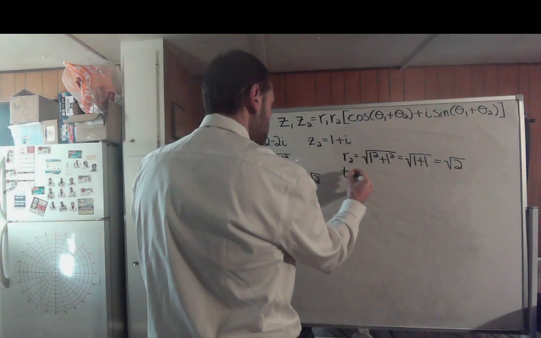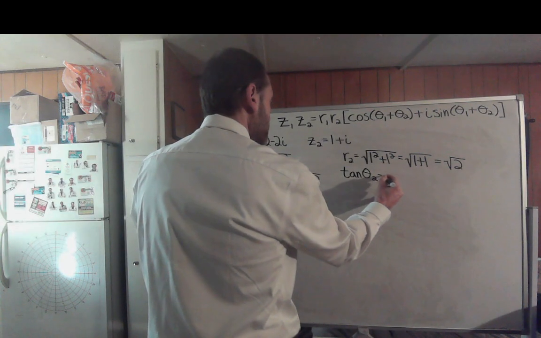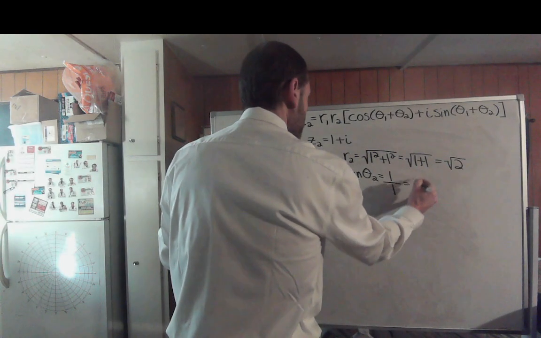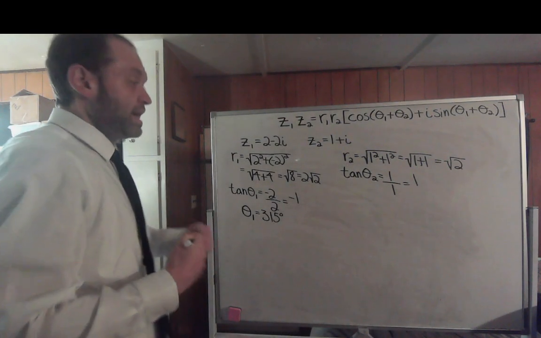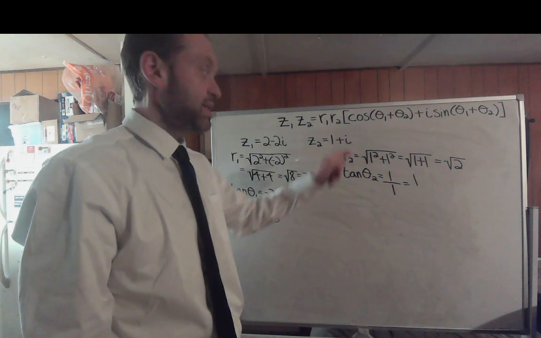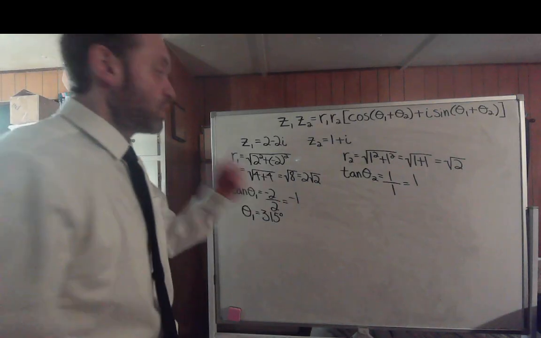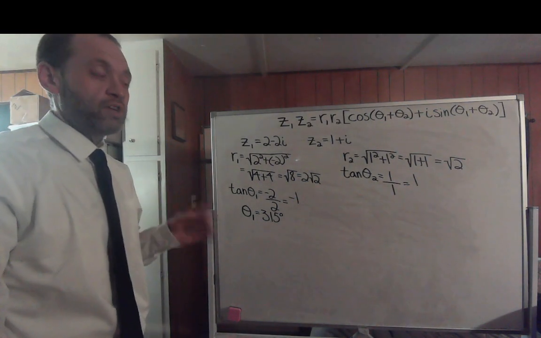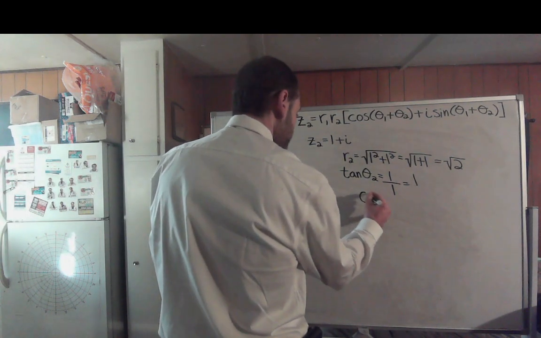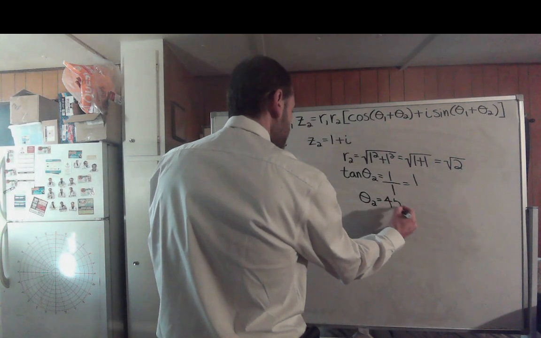That's going to be the tangent of theta sub 2 equals b over a, so that would be 1 over 1, or simply 1. And if you look at your complex number, both your a and your b are positive, so this will be a first quadrant angle. So what angle gives you a tangent of 1 in the first quadrant? That'd be 45 degrees. That means theta sub 2 is going to equal 45 degrees.